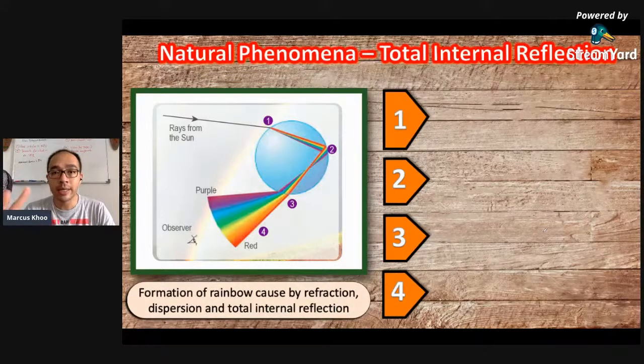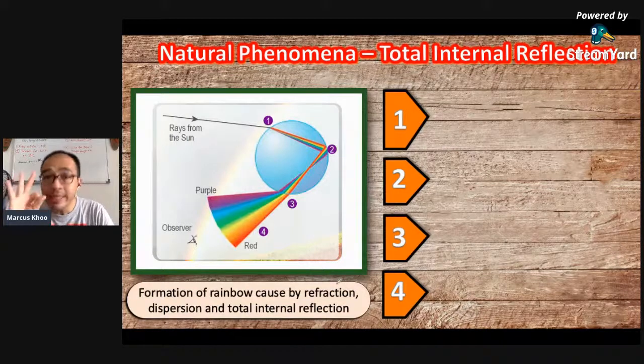This is the thing that sets physics apart from when you learned science in Year 4 or Form 3. In Form 3 we only learn reflection, and we say it happens because of refraction and reflection. But for us, we know that a rainbow is caused by three different things. Number one is refraction. Then after that, dispersion, and then total internal reflection.